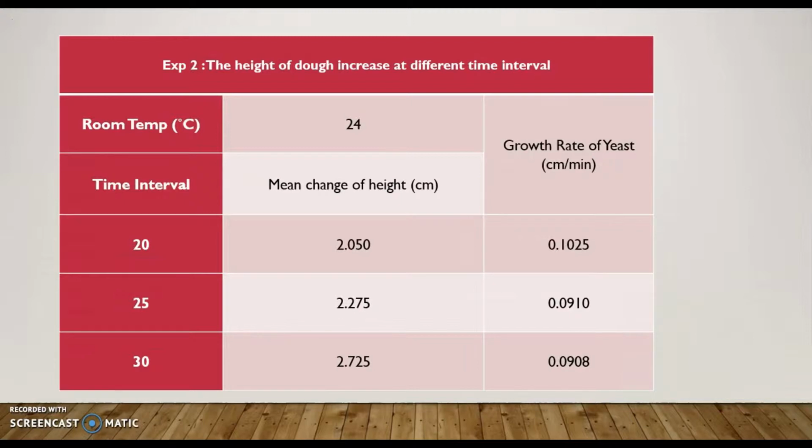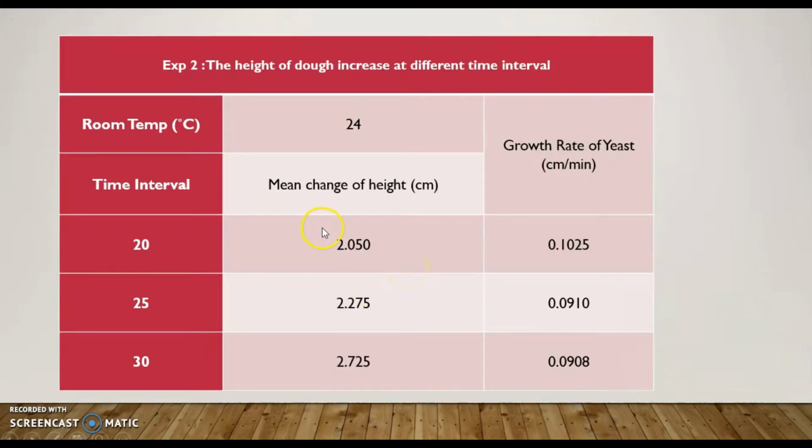Next, this is the growth rate. The growth rate of yeast we need to calculate. This is for the different time interval. We maintain the room temperature at 24. And then we calculate the mean change of height at 20, 25 and 30.